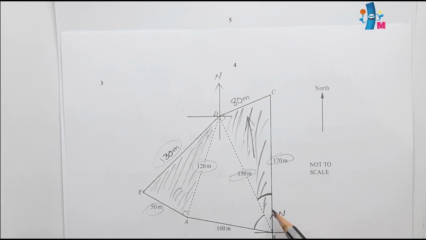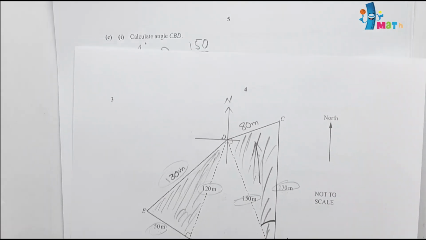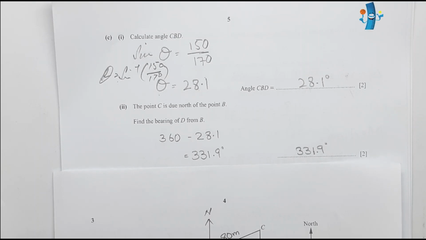So we need this whole angle starting from N up to this one, which will be 180 plus 90, so 270, plus this angle we require. So this angle we need to find. Basically 360 minus 28.1, which is this one. This angle we found is 28.1 in the previous part, which is part 1.